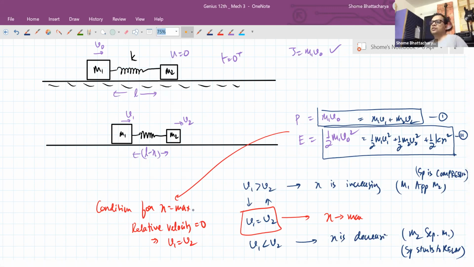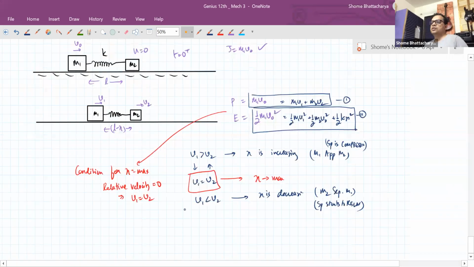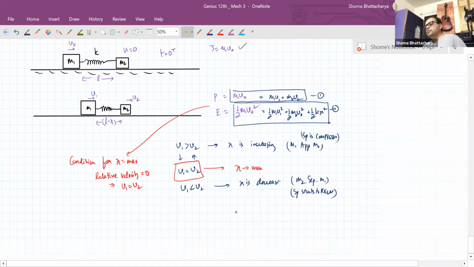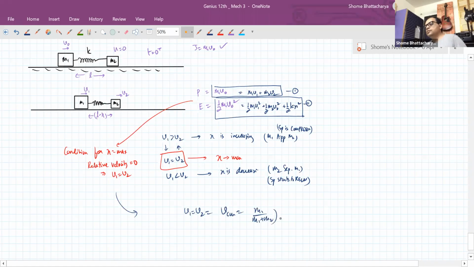So V1 is equal to V2 equal to VCM at that time, which is M1 upon M1 plus M2 times V0. And therefore, half M1 V0 square is equal to half M1 plus M2 into VCM square plus half Kx maximum square.